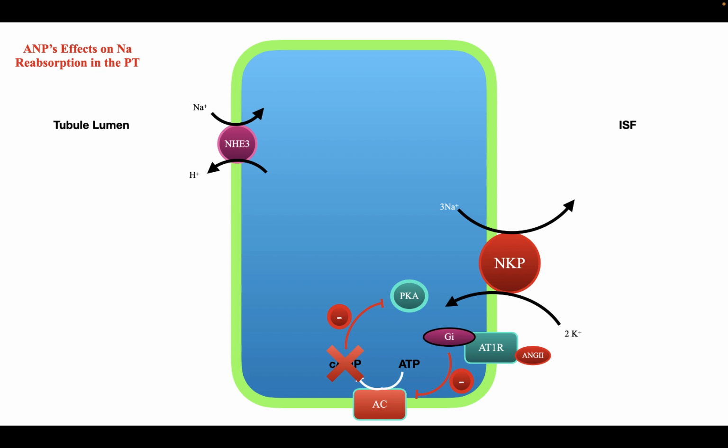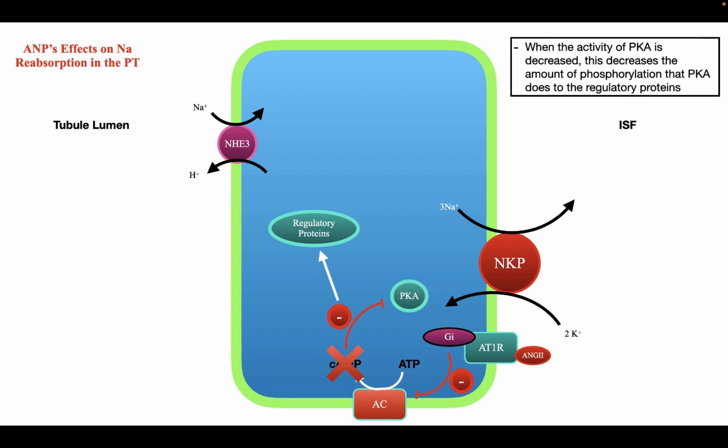Protein kinase A can phosphorylate specific regulatory proteins. However, when the activity of protein kinase A is decreased, this decreases the amount of phosphorylation that PKA does to the regulatory proteins. When the phosphorylation of these regulatory proteins is decreased, this will result in an increase in the activity of the sodium-hydrogen exchange protein, therefore allowing it to bring in more sodium from the tubule lumen.